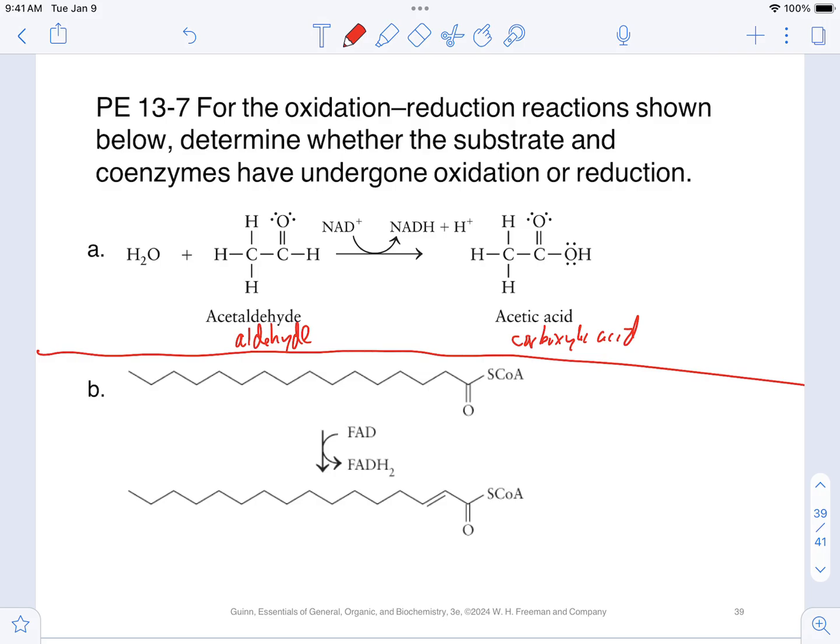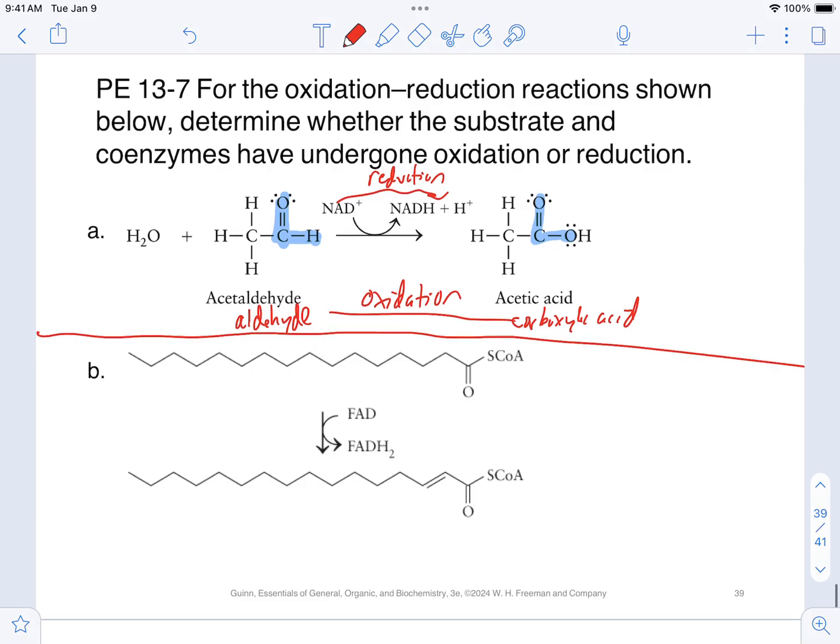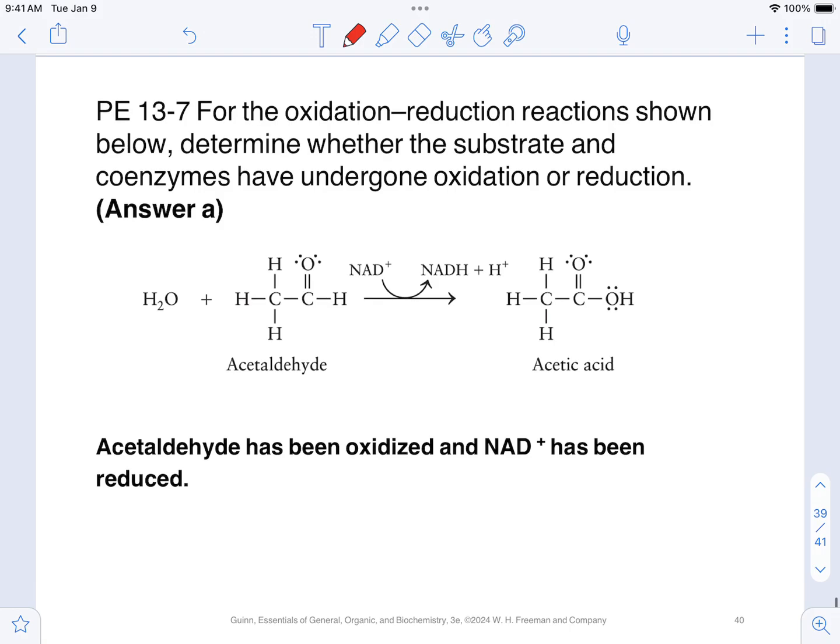So we know because of that that is oxidation. Oxidation, you lose H's. Look what's happening to our C. There it has 1 H. Here it has no H's. It's bonded to 2 O's and a C. Your coenzyme here gained an H, so that is undergoing reduction. And there's your answer.